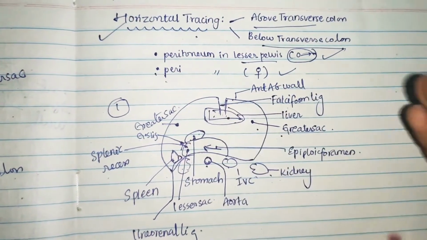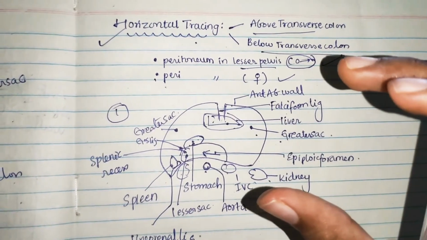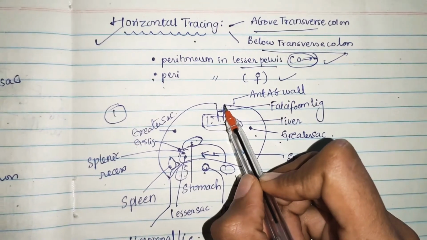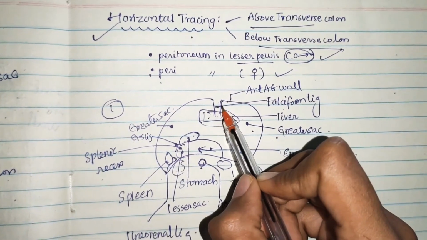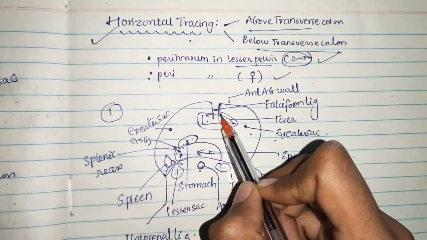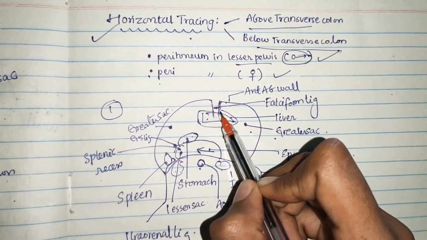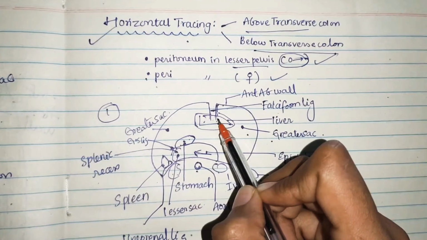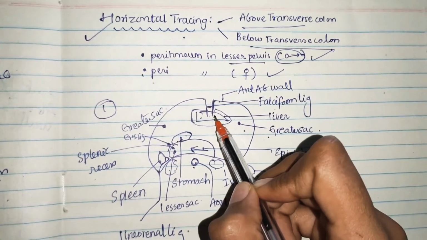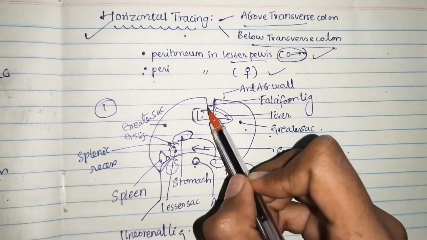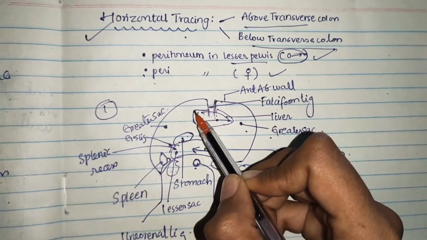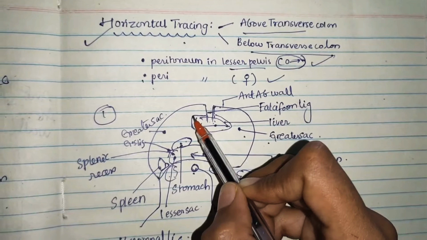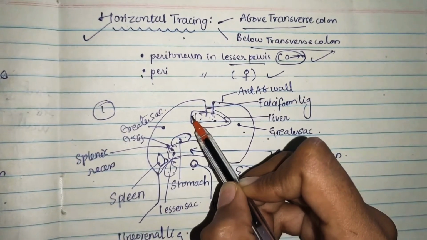Now let us see horizontal tracing. So this horizontal tracing will start on the anterior abdominal wall, as you can see here. From here to the left, the peritoneum of the falciform ligament can be traced in sequence: the left layer of falciform ligament over the liver to porta hepatis. Then from this side, the ligament over the liver to porta hepatis, and after that the anterior layer of lesser omentum.